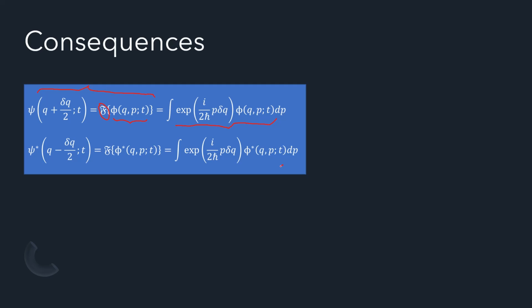So the complex conjugate can be written this way if we take it in the negative infinitesimal displacement delta q. This is interesting. These two expressions are interesting because we can, at least in informal terms, understand what is going on.